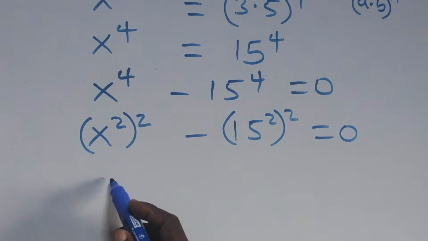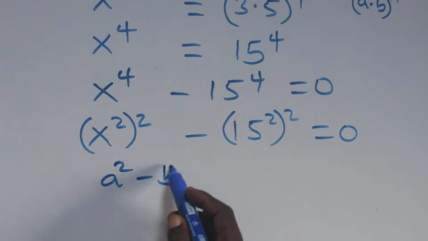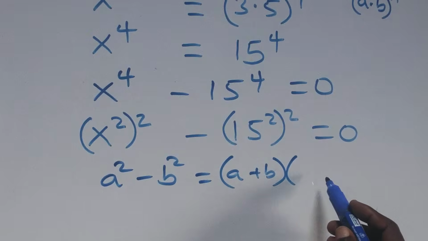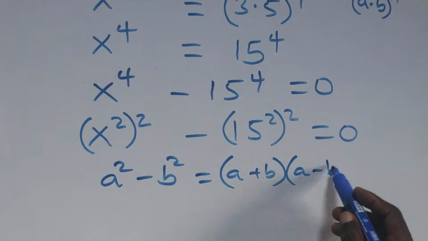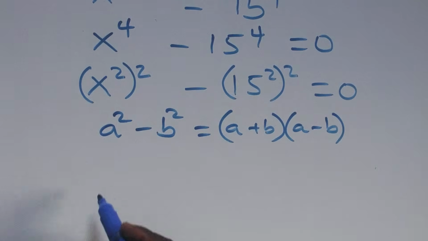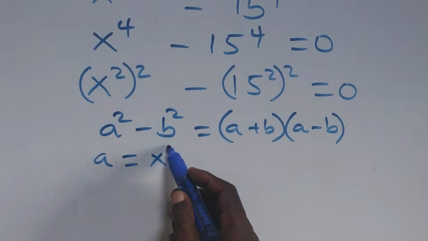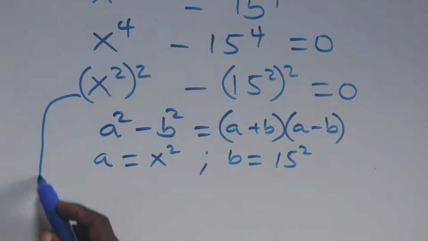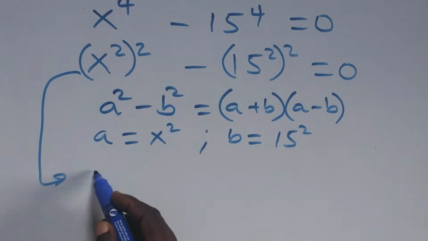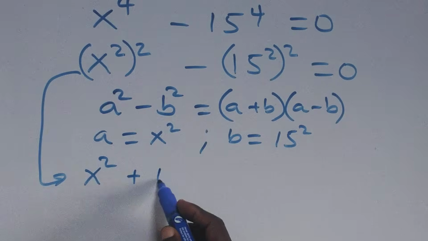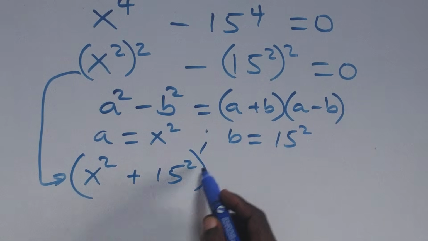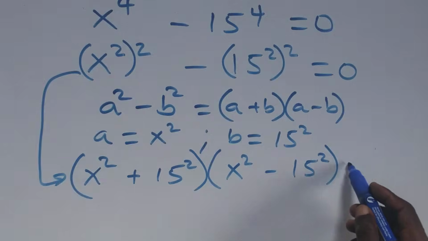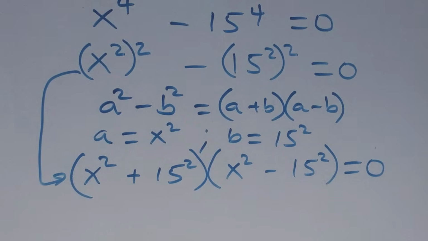Then this follows when we have a square minus b square, the same thing as (a plus b)(a minus b). Here a is x square and b is 15 square. So we can write (x square plus 15 square)(x square minus 15 square) equals 0.